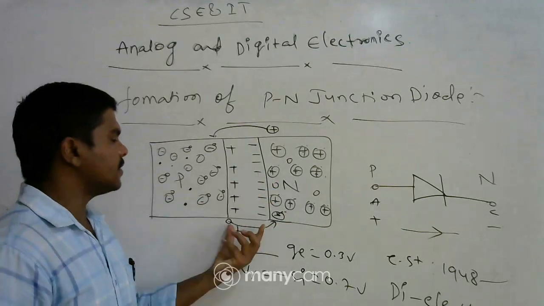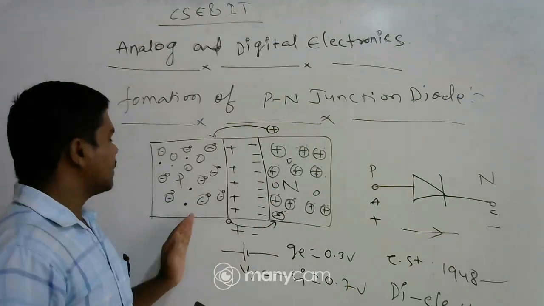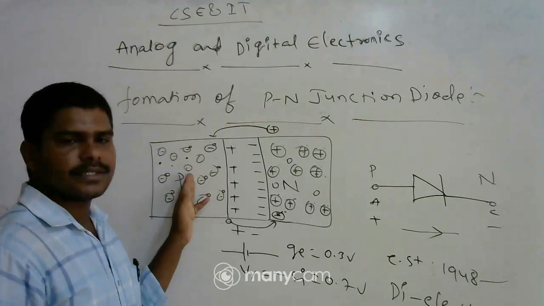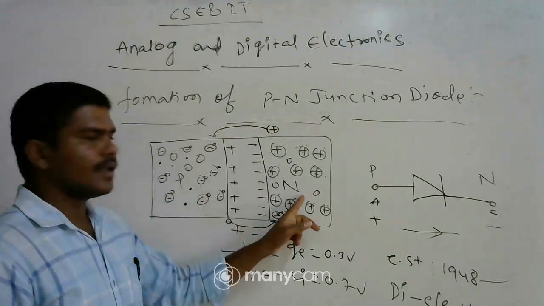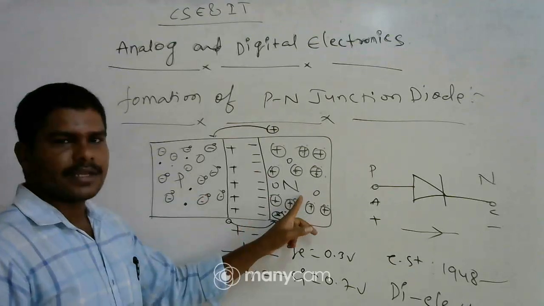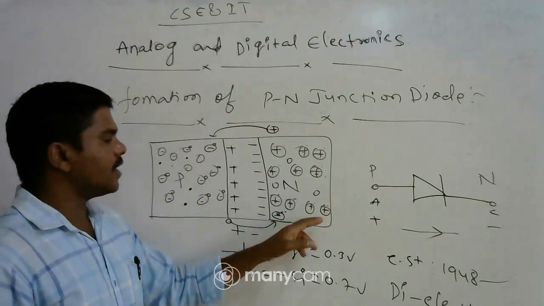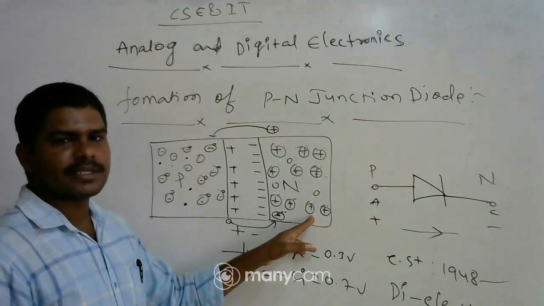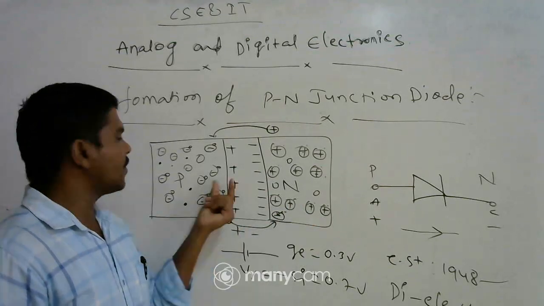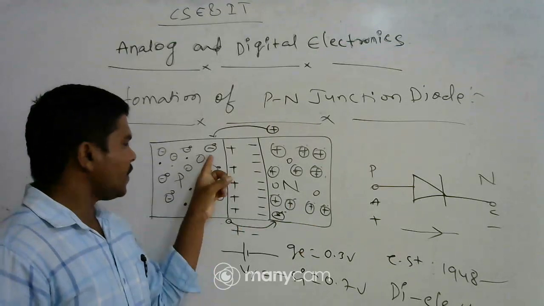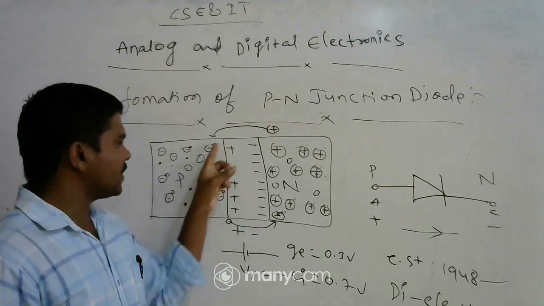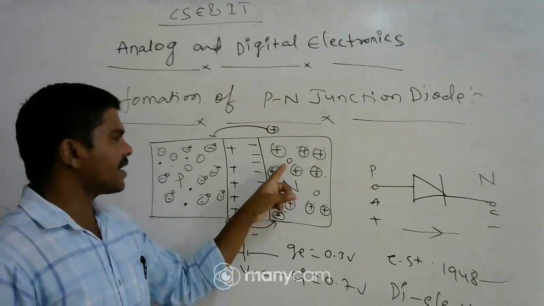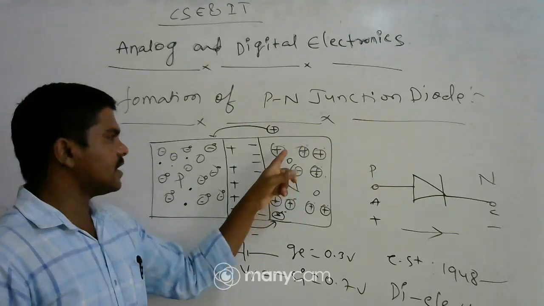Inside the P region, the majority carriers are holes and the minority carriers are electrons. Similarly, in N-type material, the minority carriers are holes and the majority carriers are electrons. When you combine these two materials, acceptor ions move from the P region to the N region, where the negatively charged electrons are.